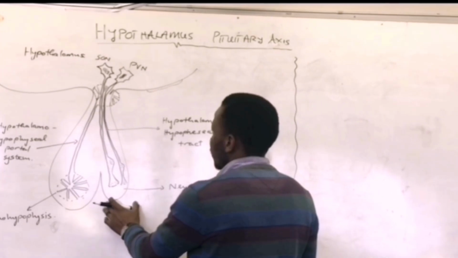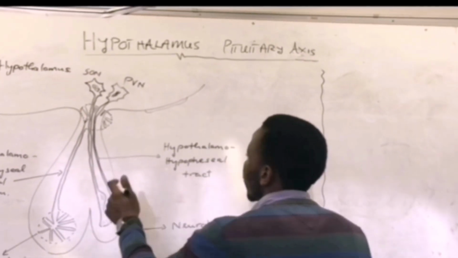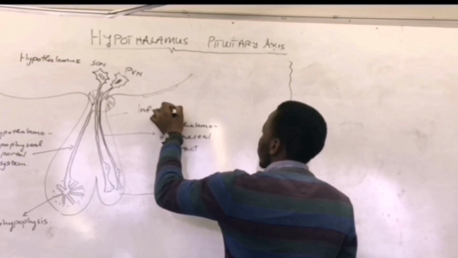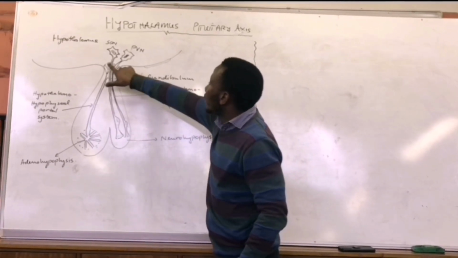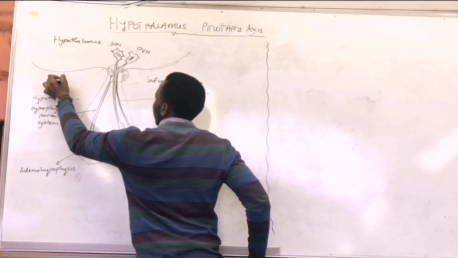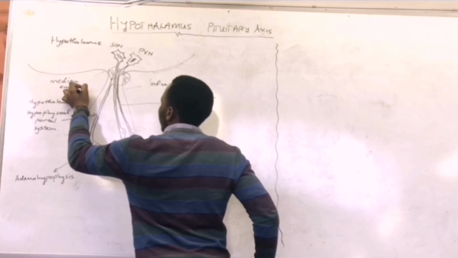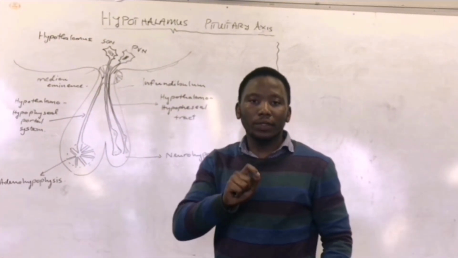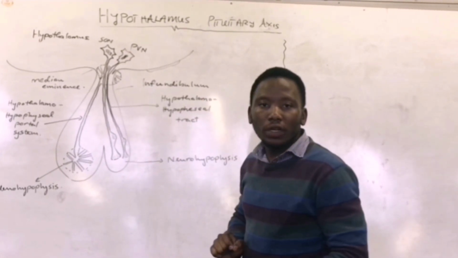The hypothalamus is connected to the anterior and posterior pituitary gland via what we call the infundibulum, okay? The infundibulum lies at the base of the hypothalamus, what we refer to as the median eminence. At the median eminence, we have two arteries that provide perfusion to the structures in the hypothalamus.